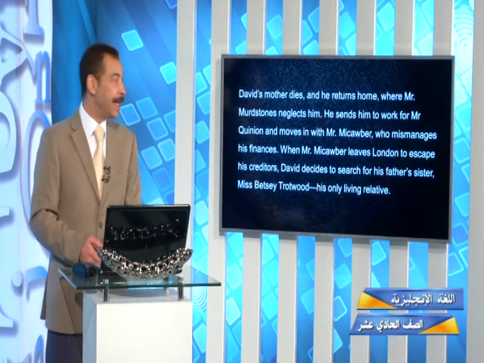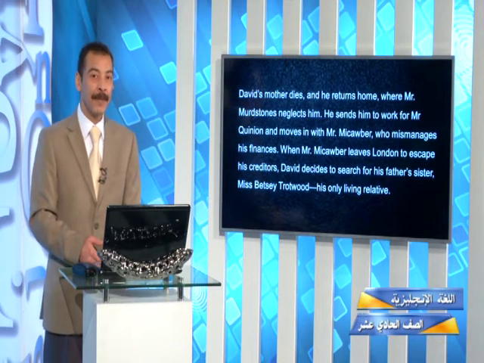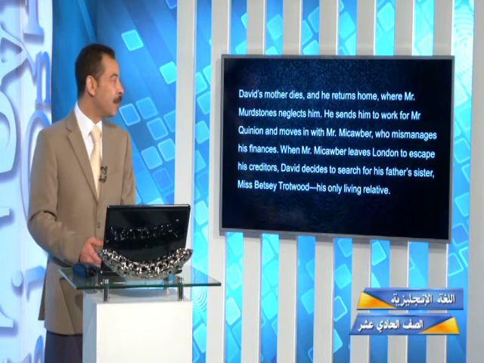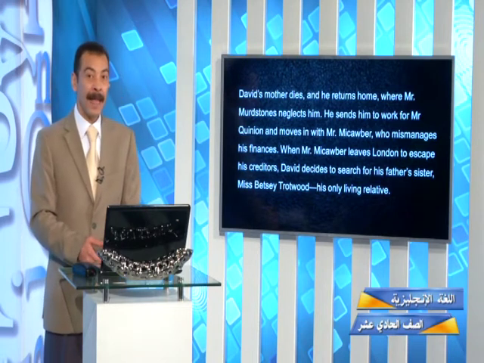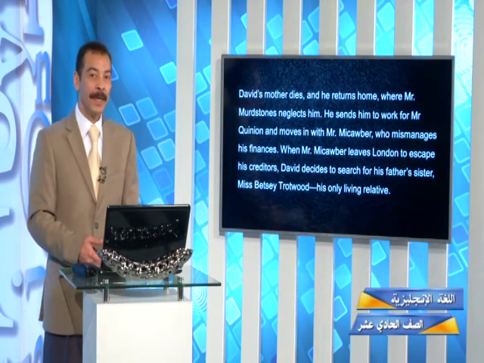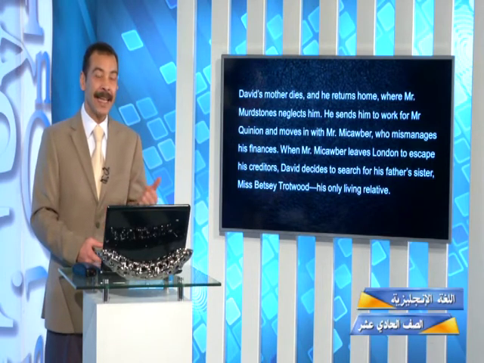And he was obliged to work to earn for his living. So he went and worked for Mr. Quinion and lived with Mr. Micawber. And this Micawber was not a successful man. He also mismanaged his business, just like Dickens's father, the writer's father.